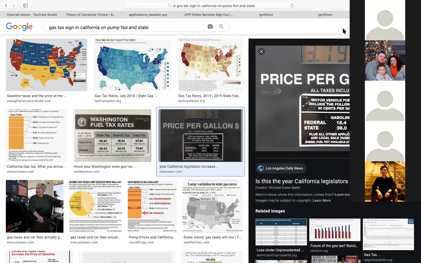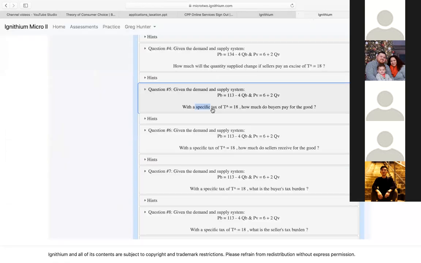Yeah, so they're charging 54, 55, we'll round up just because it's taxes. That's an example of an excise tax or a specific tax. That's a tax per unit. It doesn't matter if gas is $5 a gallon or $2 a gallon. The government, Fed and state, are going to charge 55 cents a gallon, which is pretty interesting, right?